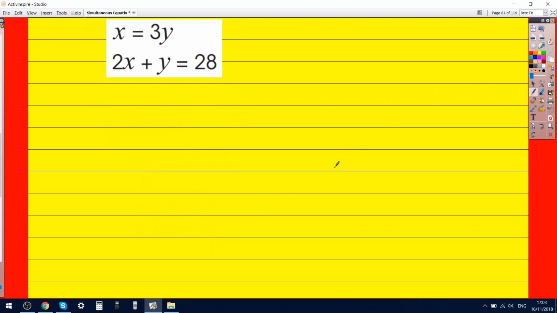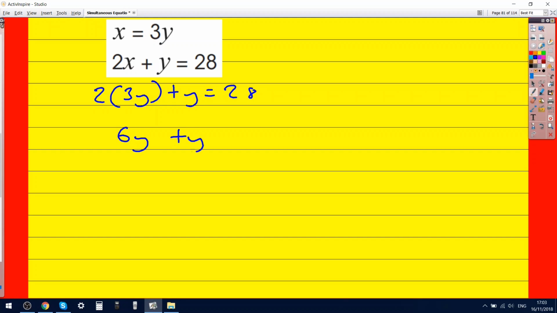Okay, how about this? So that's 7y equals 28. Well done. And so y equals?